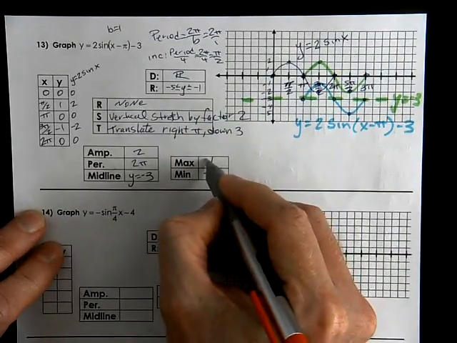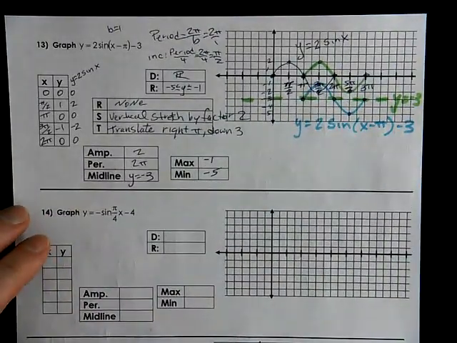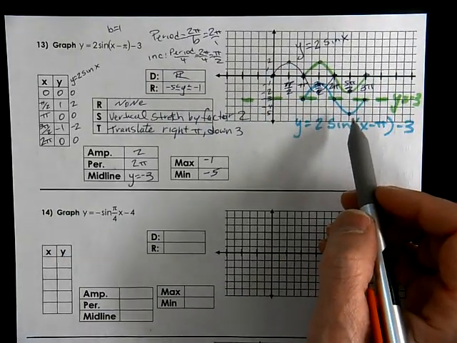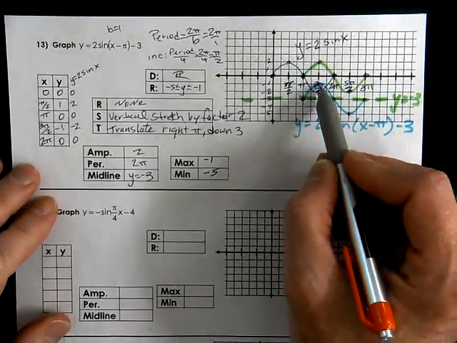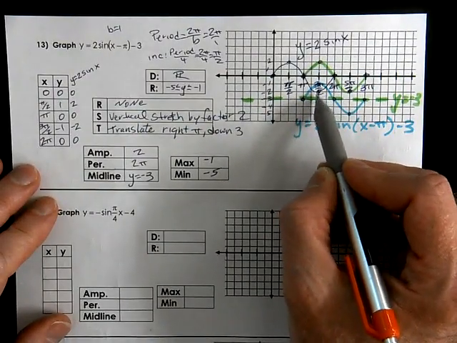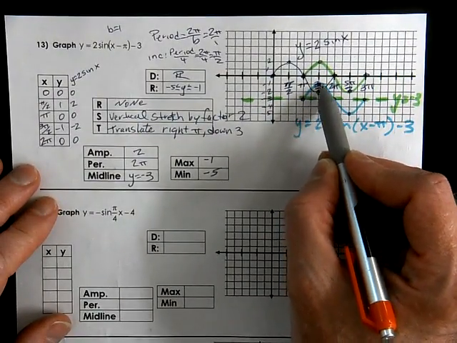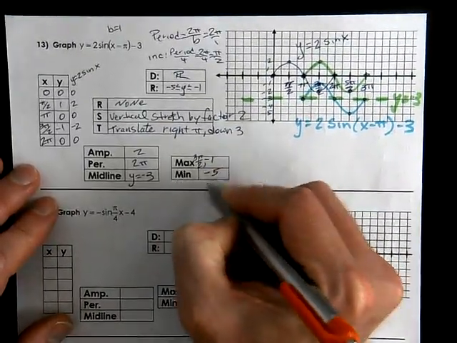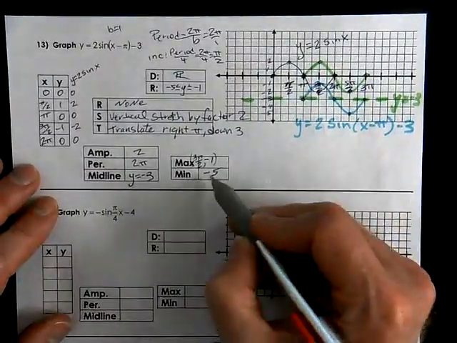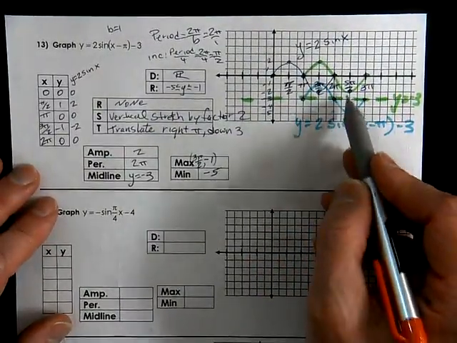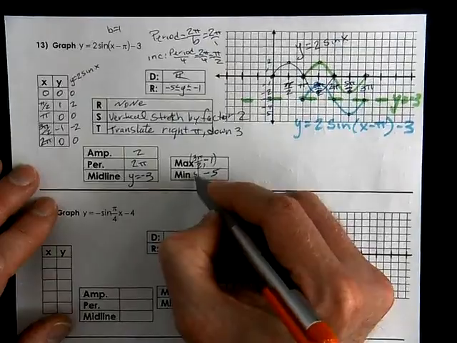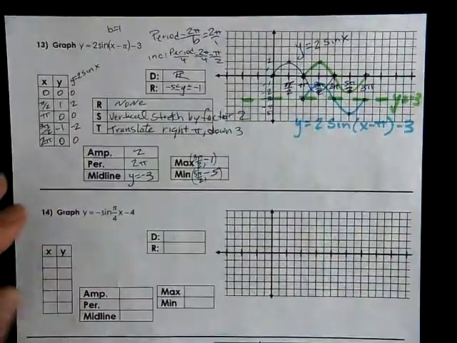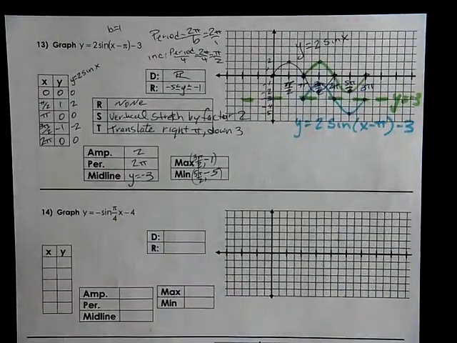So the maximum was at negative 1. And the minimum was at negative 5. You could call it a point, really. That would probably be best. We have a maximum of 3 pi over 2, comma, negative 1. We have a minimum value at 5 pi over 2, comma, negative 5. That would be the point that exists at.